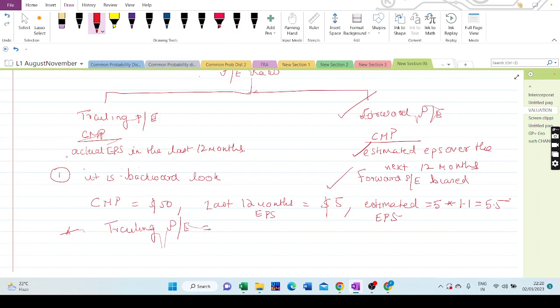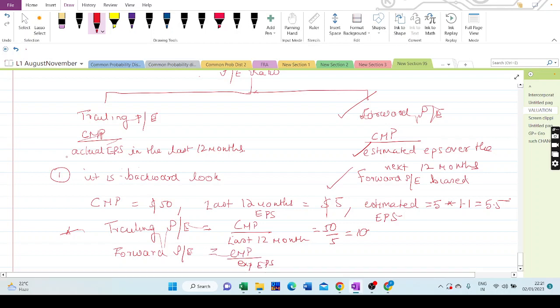So trailing PE would be, Victor, how much? Current market price by last 12-month EPS, right? 50 by 5. That is 10. And forward PE would be how much? Current market price by expected EPS, which is 50 by 5.5.